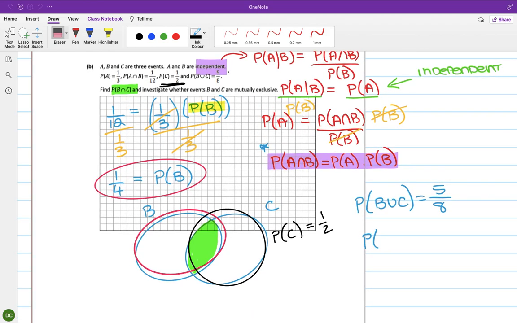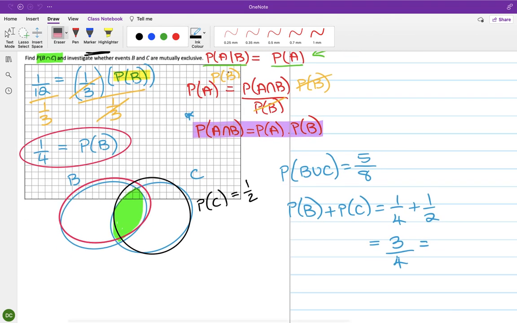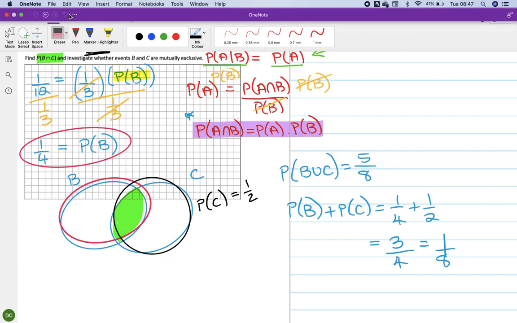So the probability of B and the probability of C is a quarter plus a half, which is 3/4, and 3/4 is the same as 6/8. That means there is an overlap because 6/8 is bigger than 5/8.